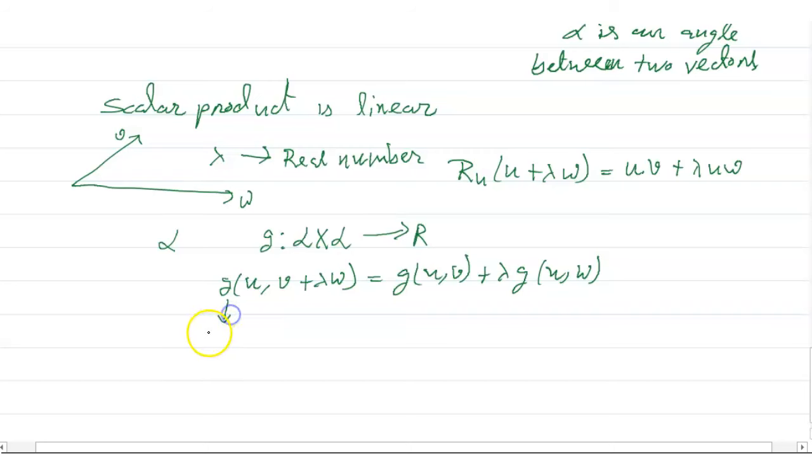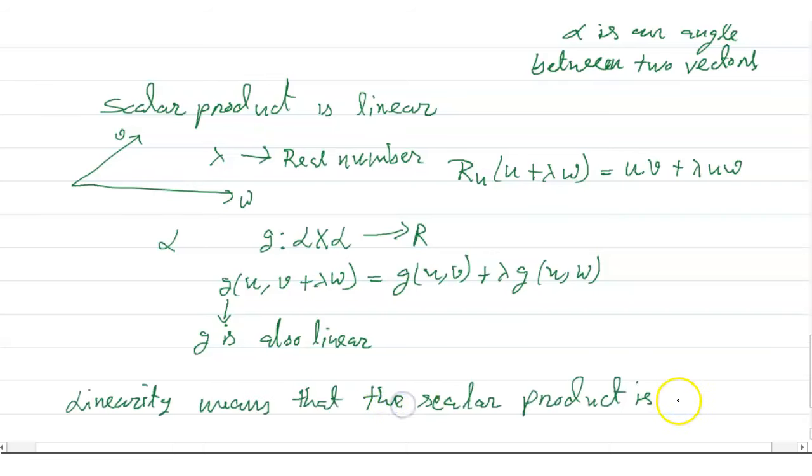This mapping G is also linear. What is the linearity? It means that the scalar product is distributive.